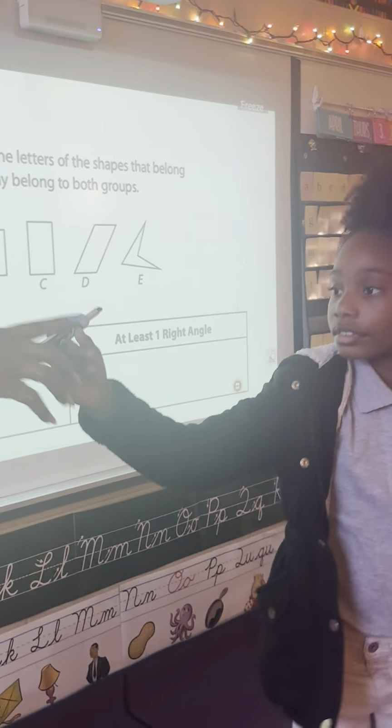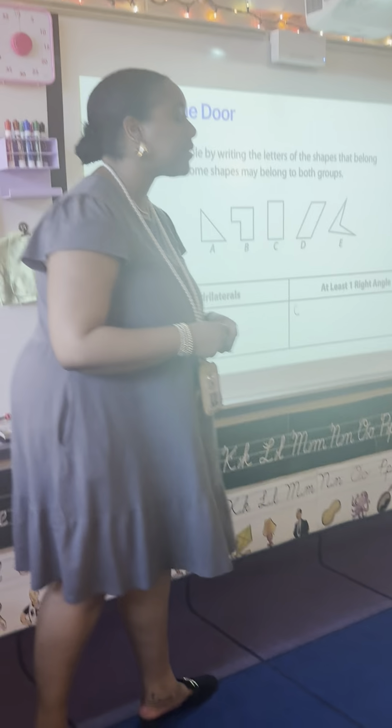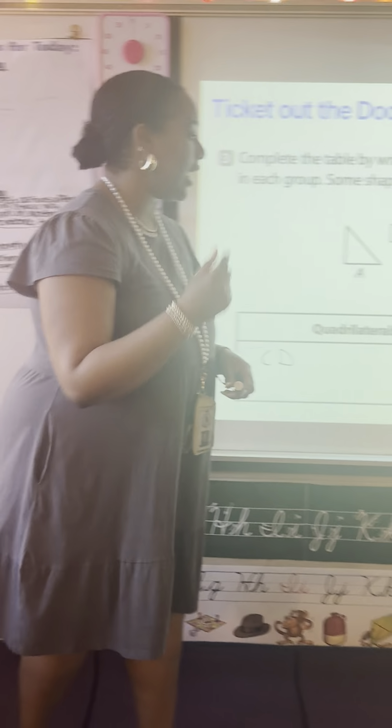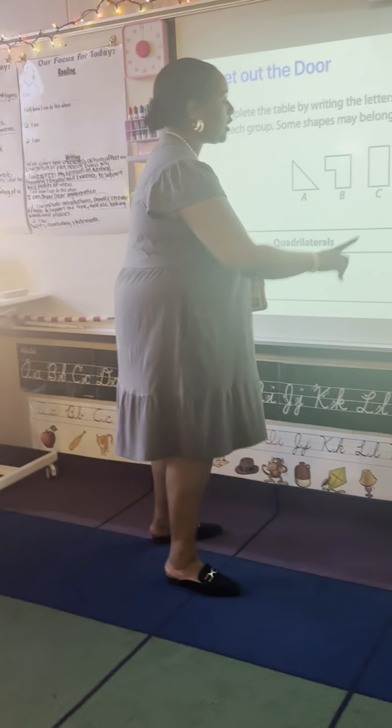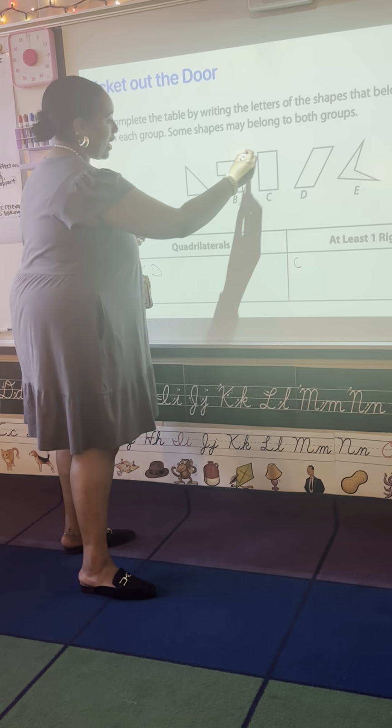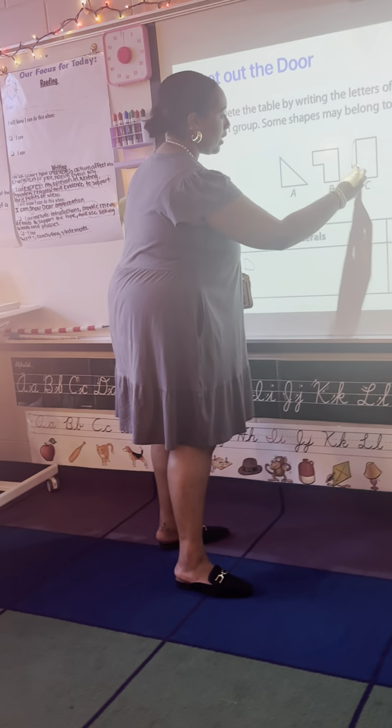All right, does everybody agree with her? All right, good job. I love how they put the letters under the correct ones, because quadrilaterals, how many does quadrilaterals have? 4. All right, and then for at least one right angle, she put C. Is that correct? Yes. All right, good job.